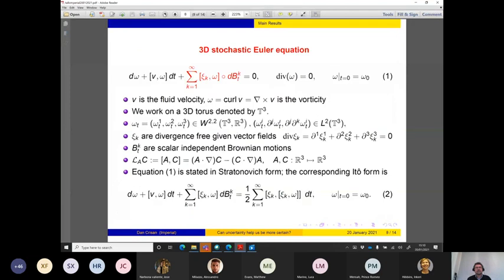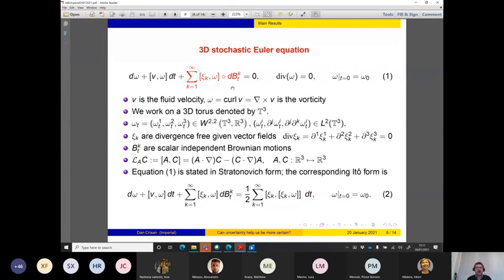So essentially what we're saying here is that if you want to be physical, if you want to have meaningful stochastic perturbation, meaningful models for uncertainty in the model, that's what you need to do.